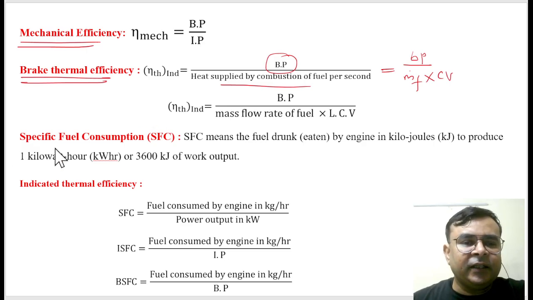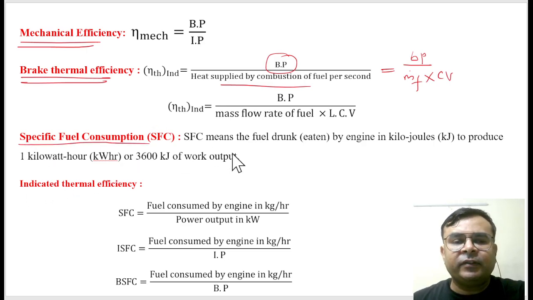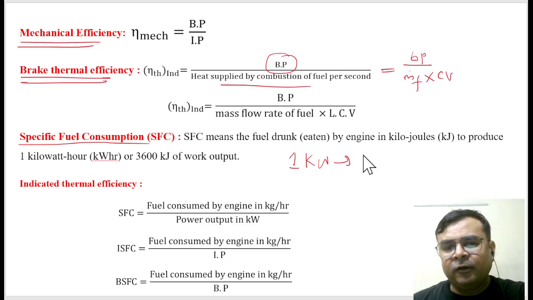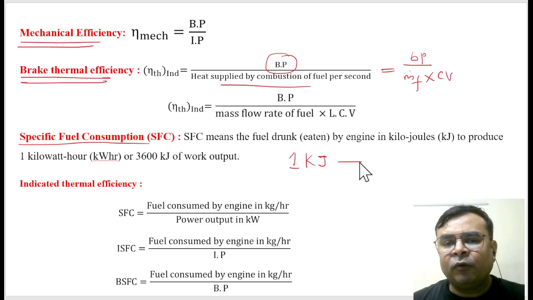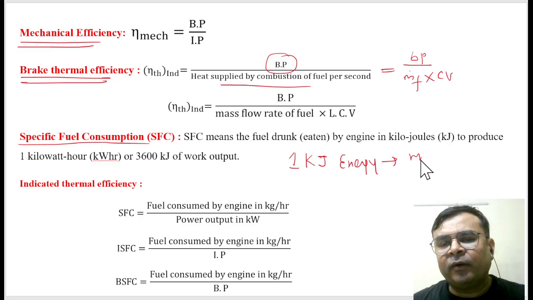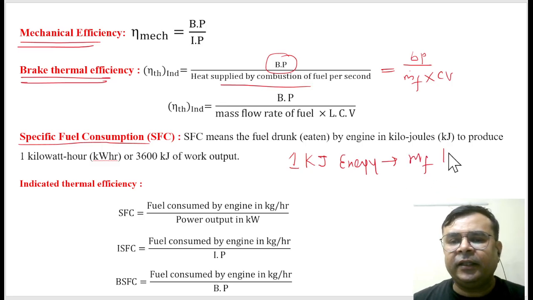Okay, and next another terminology we have is specific fuel consumption. Specific fuel consumption is nothing but it tells us, for generation of 1 kilojoule of energy, how much fuel is required. Is it right? That is mf in kg.